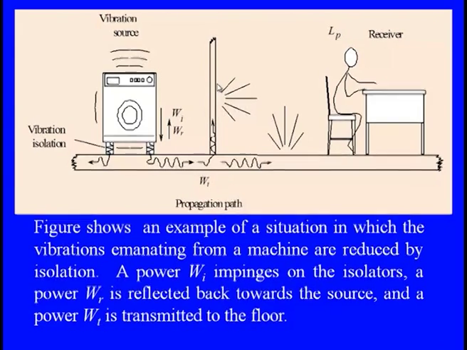You can see on the diagram, the Wr is reflected back towards the source, and Wt is the power transmitted to the floor. There is a clear reflection going back towards the machine, and it is also going in the other direction, and it is even obstructed. When the obstruction is there, some is also transmitted. So these are some of the ways we can adopt when designing these components.